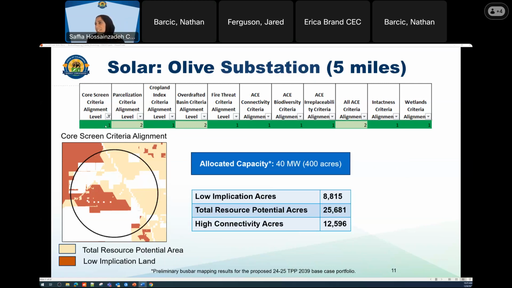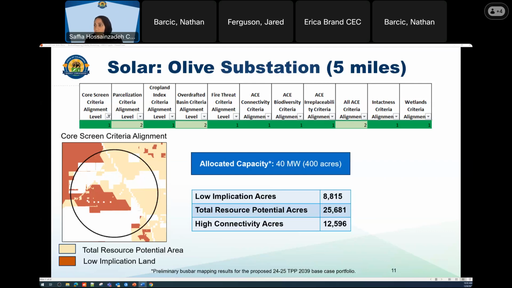So yeah, we're looking at all of substation. The 5-mile buffer radius defines our area of analysis, and we will report out on the total resource potential area to the CPUC, and then also the low implication area.